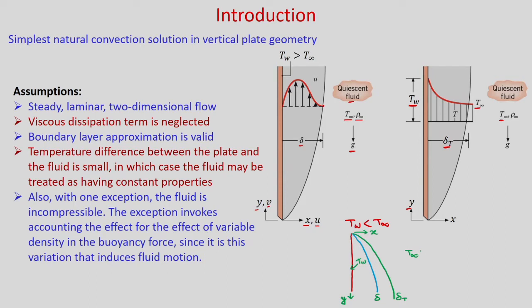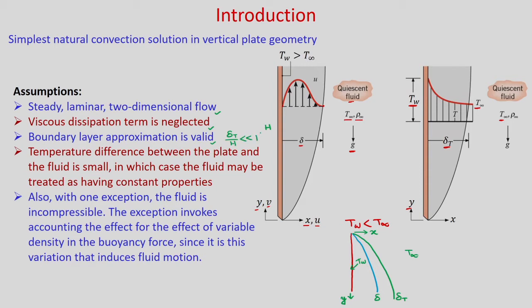So, first we will write down the governing equations for flow over a vertical plate. Let us first make the assumptions. So, you can see the flow is steady, laminar and 2 dimensional, the viscous dissipation term is neglected, and obviously the boundary layer approximation is valid. Okay. And if we consider the height of the vertical plate as h, then we can consider that delta T by h will be much less than 1.